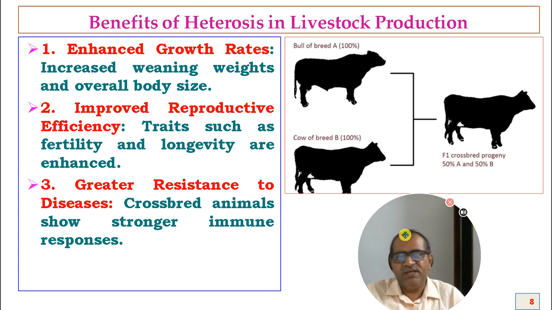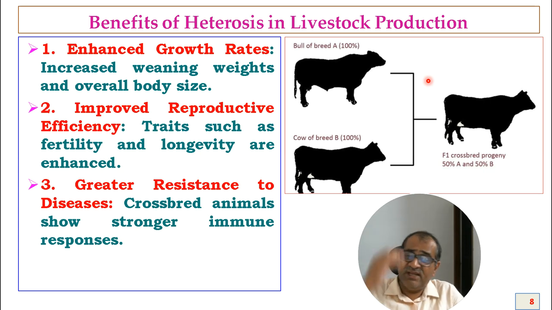For example, in the photograph on the right side there is a bull of breed A which performs 100%, and a cow of breed B which also performs 100%. Then the F1 crossbred progeny will have the performance of A at 50% and B at 50%. There will always be improved reproductive efficacy, and traits such as fertility and longevity are always enhanced.